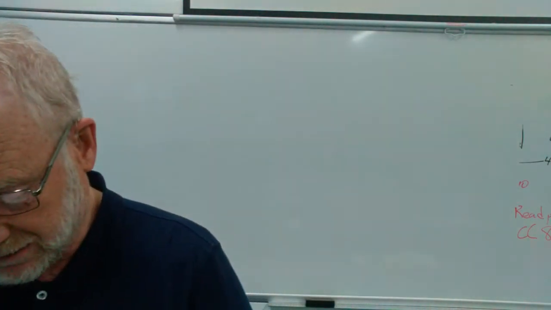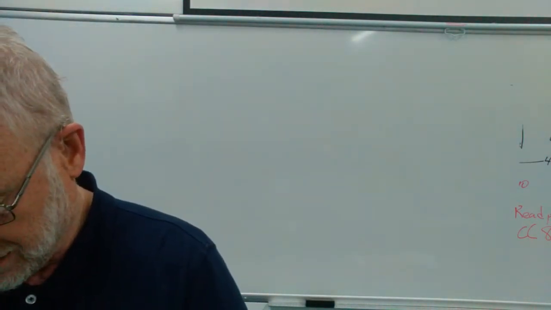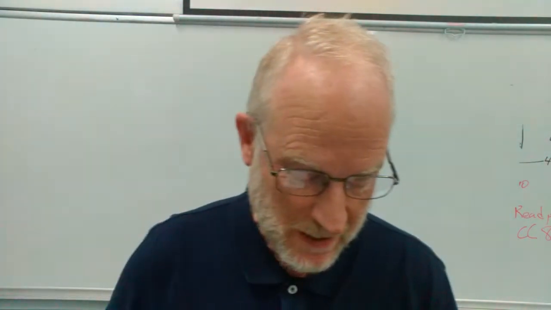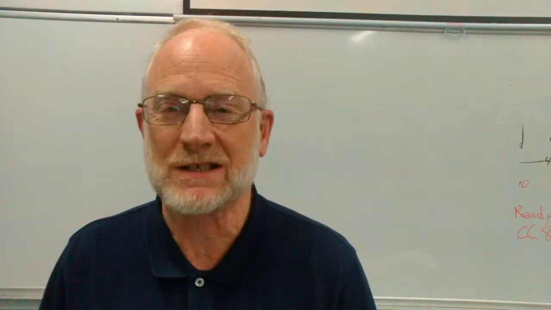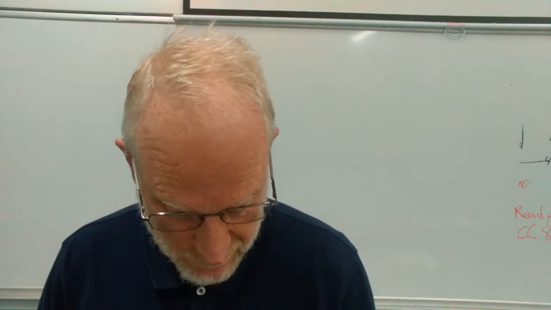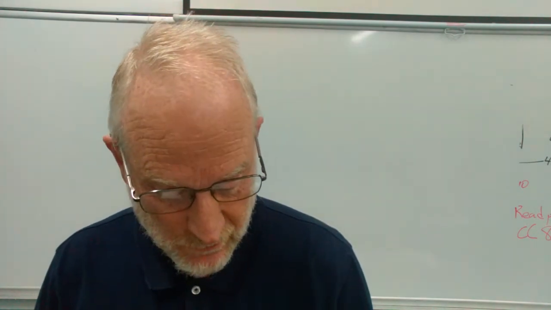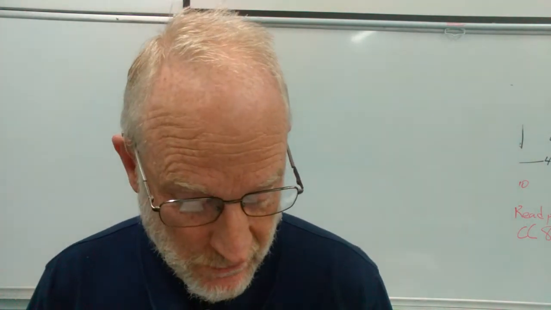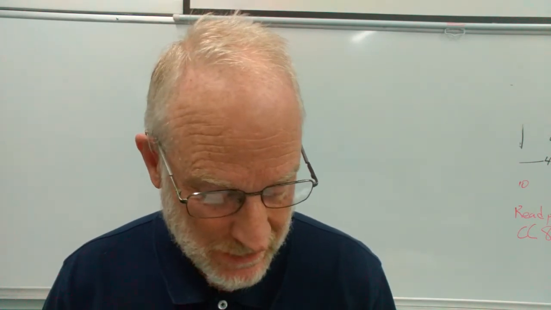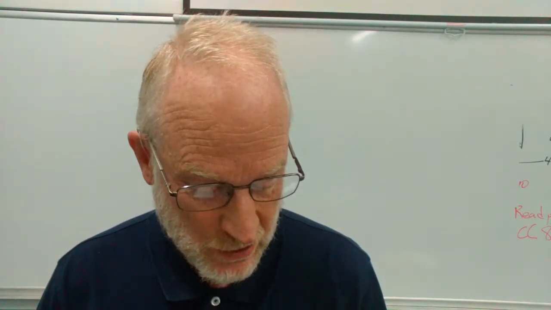Actually, I forgot to finish instructions for 204. Let's go back to 204, exercise C. On exercise C, all you're supposed to do there is go down through and pick out the subordinating conjunctions and then underline your clause.